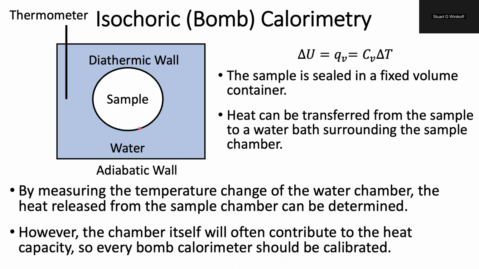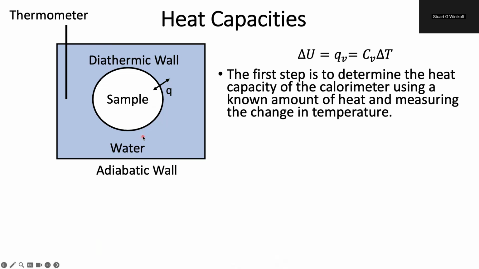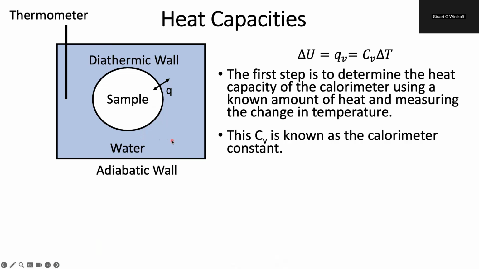So the first step of using any bomb calorimeter is going to be calibrating the calorimeter constant. Again, big thing to note, we're often using several heat capacities. So the first step is always going to be to determine the heat capacity of the calorimeter. This is specifically known as the calorimeter constant.